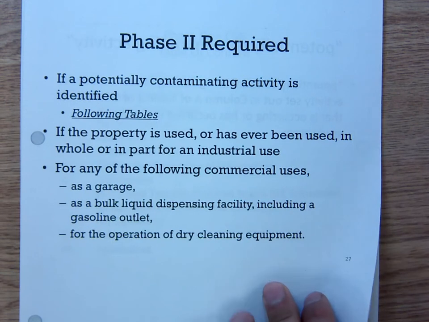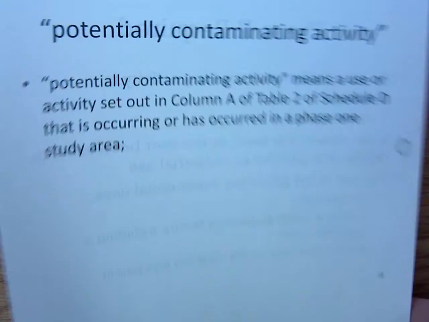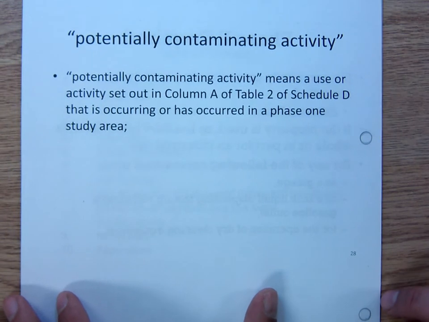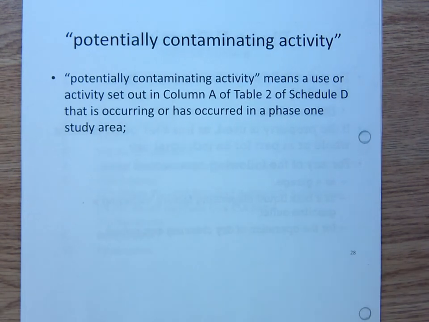The first one was contaminating activities. There's a definition for potentially contaminating activities. A potentially contaminating activity means a use or activity set out in column A of table 2 of schedule D, which is in Ontario's Environmental Act, very similar to the requirements we have in Manitoba, that is occurring or has occurred in a phase 1 study area.